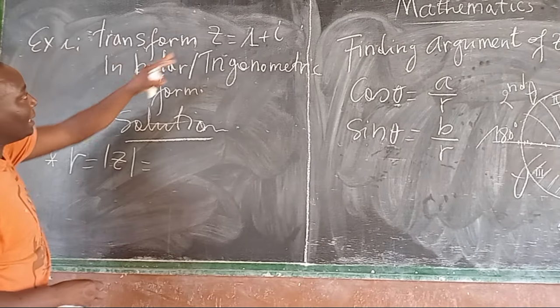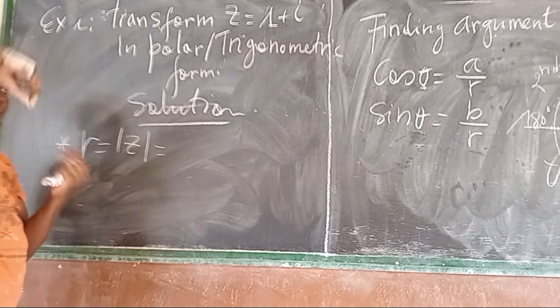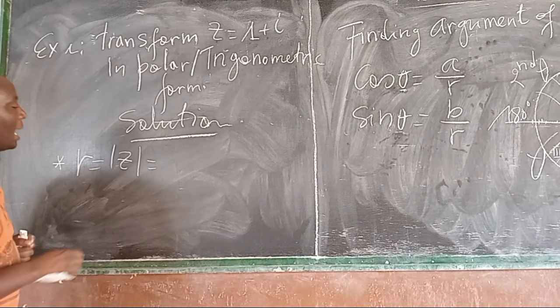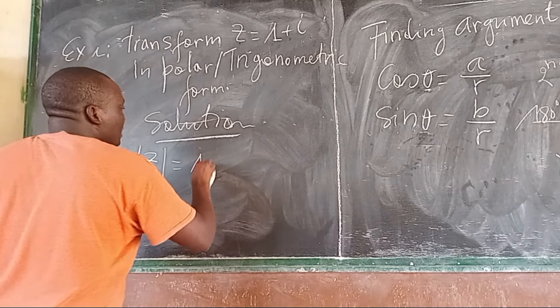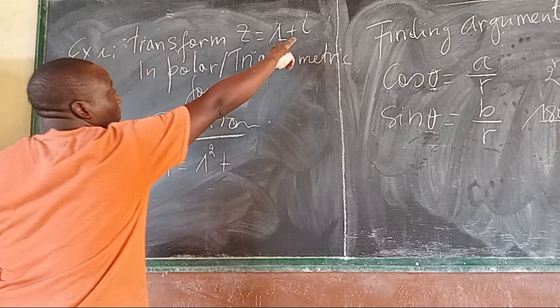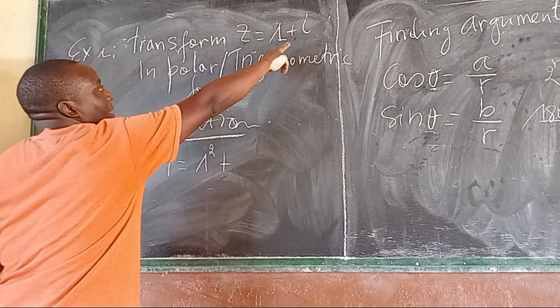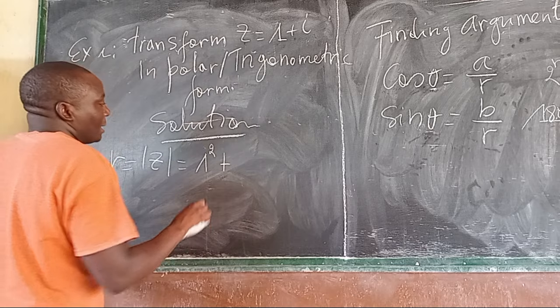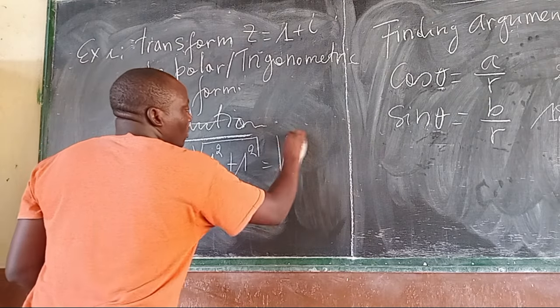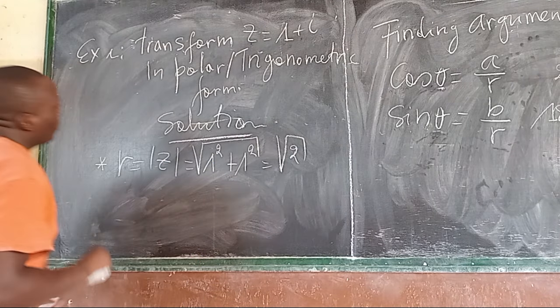You take the real part squared plus the imaginary part squared, both under root. You take 1 squared plus 1 squared, both under the square root, and you get the square root of 2.